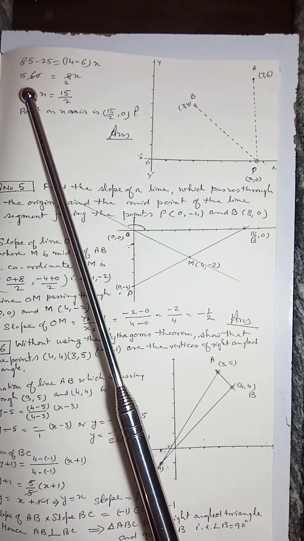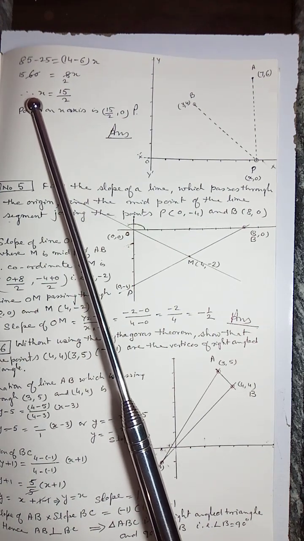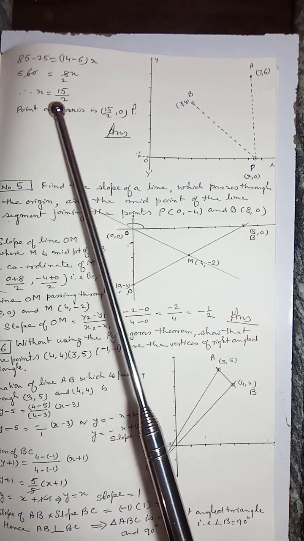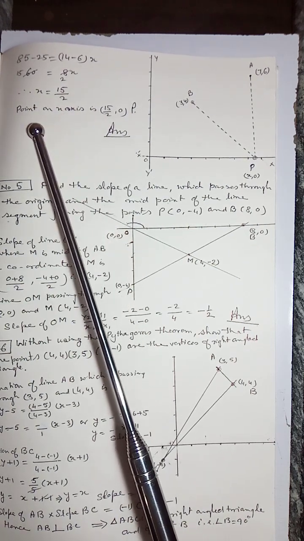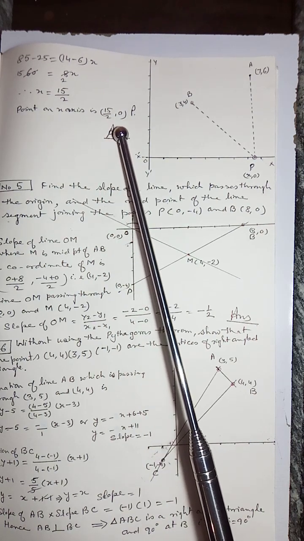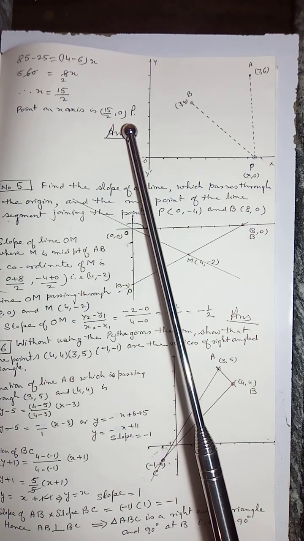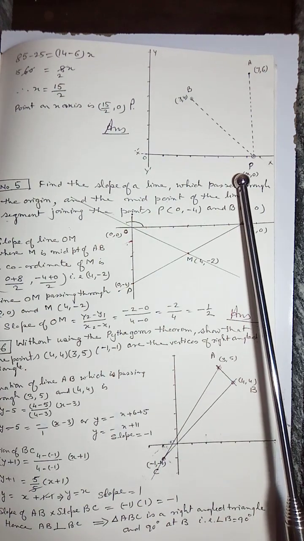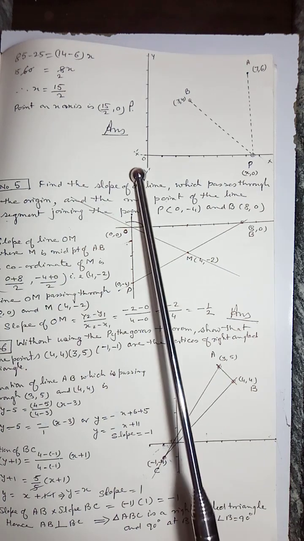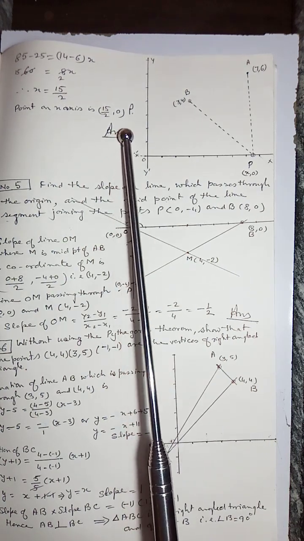You will get 15 on the left hand side and 2x on the right hand side, so x will be equal to 15 by 2. The point on the x-axis is (15 by 2, 0). This will be the point. The coordinate of the point P will be (15 by 2, 0).